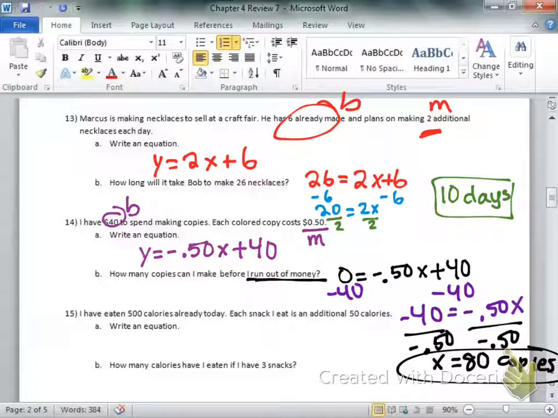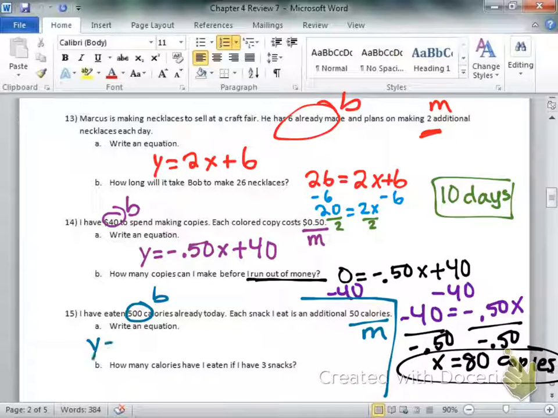Alright, number 15. I have eaten 500 calories already today. Each snack I eat is an additional 50 calories. So I'm starting at 500. Every time I eat, I'm going up by 50. I'm going to separate these a little bit.